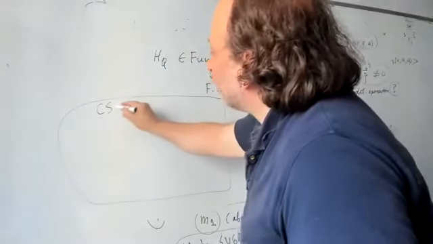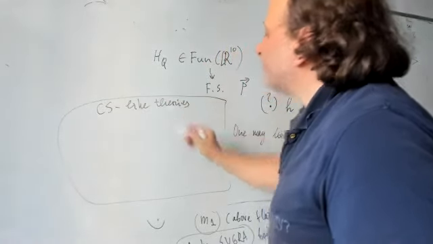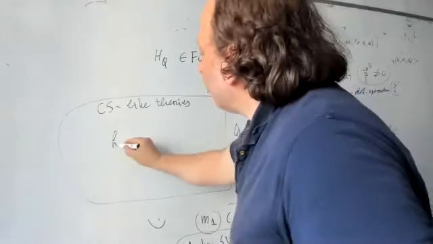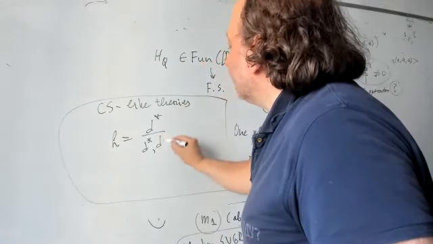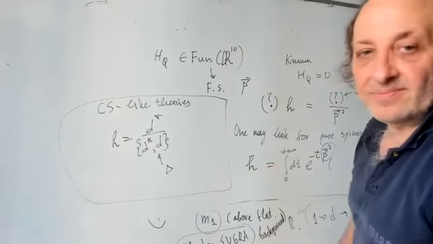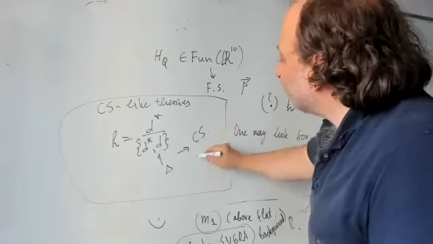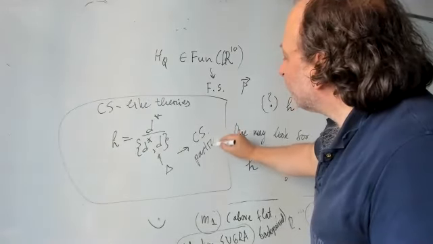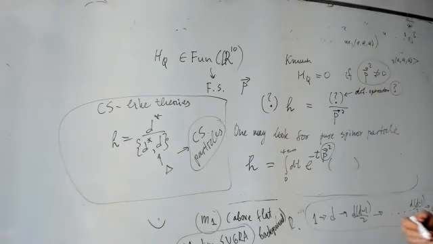For Chern-Simons-like theories, the homotopy is d star over d star d. And this is the Laplacian. And that's why here we have Chern-Simons particles. And here we don't have such particles.